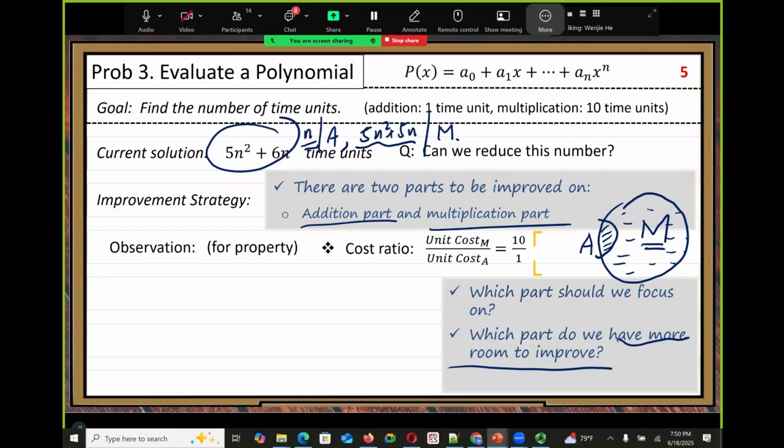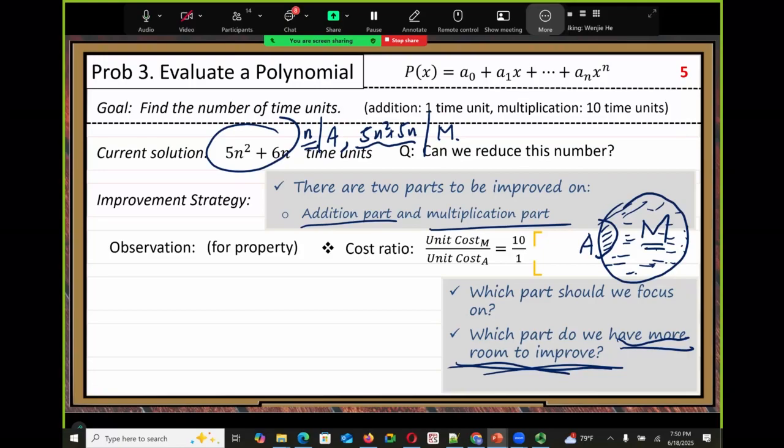Definitely the multiplication, you have more room for improvement, right? Because the portion for the multiplication is so big. So you have a lot of room for improvement.